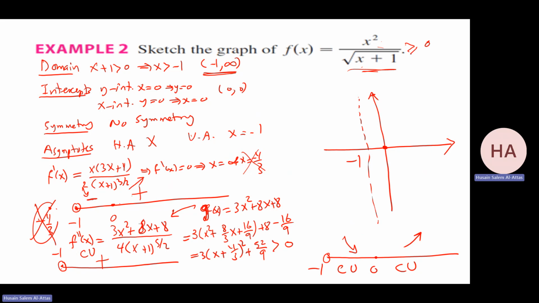The numerator is always non-negative, and the denominator is always non-negative. So it's concave up and decreasing. So it will do something like this. Then it's concave up still, but increasing now. So it will do something like this. That will be my function. So that's the function f of x.